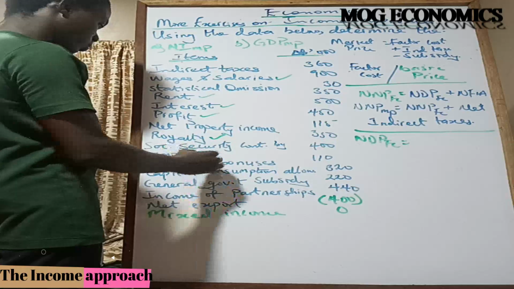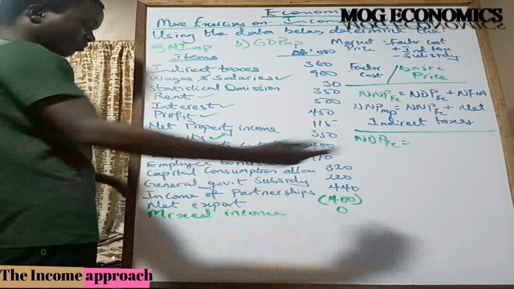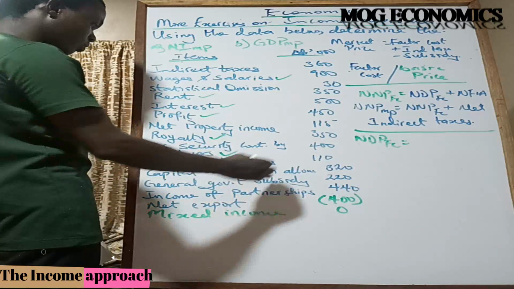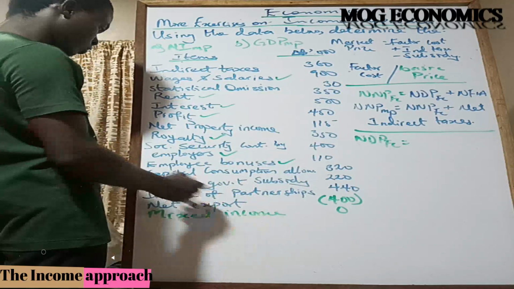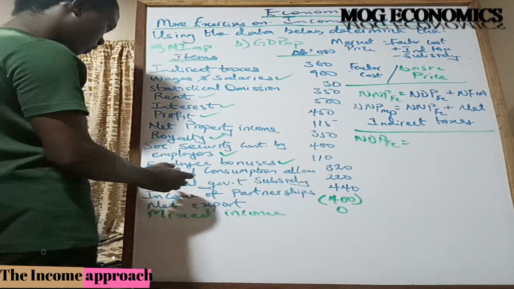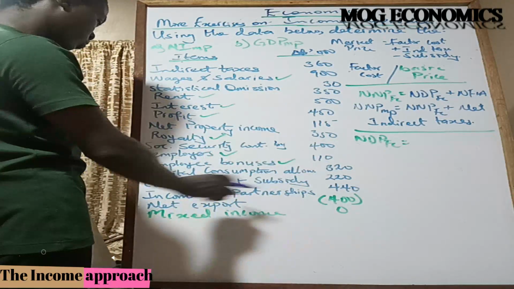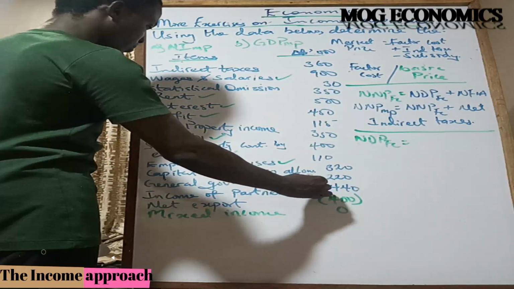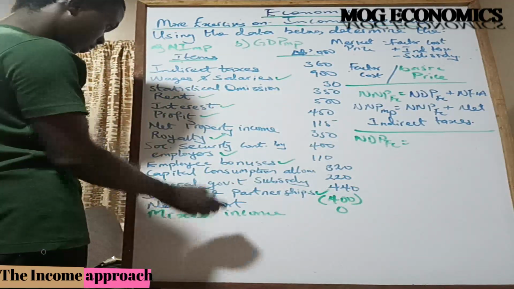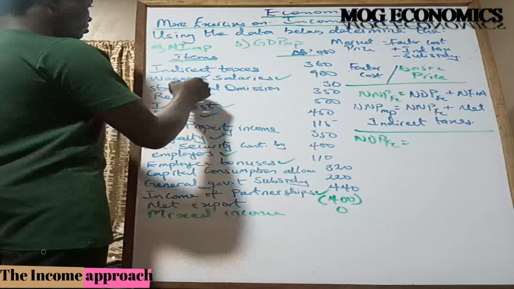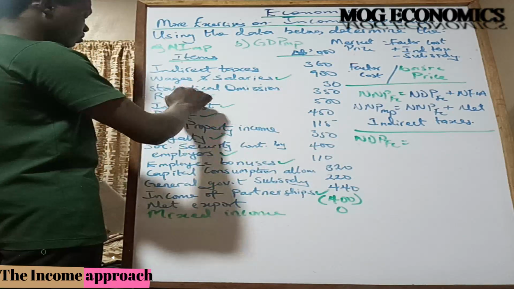Royalty is an income. Social security contribution, e.g. pension contribution, is an income. Bonuses are an income to workers. Capital consumption allowance, no. Government subsidy, no. Income for partnerships is an income. And that's all.